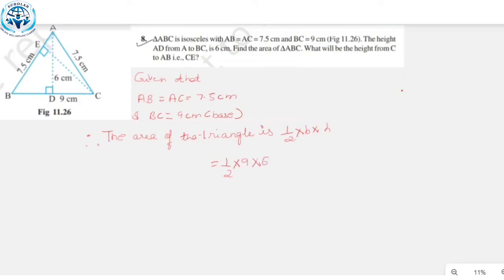Base is 9 and height is 6. Half into 9 into 6 gives 27 centimeter square. Area of the triangle is given. Now we can easily find out the height from C to AB, that is CE.